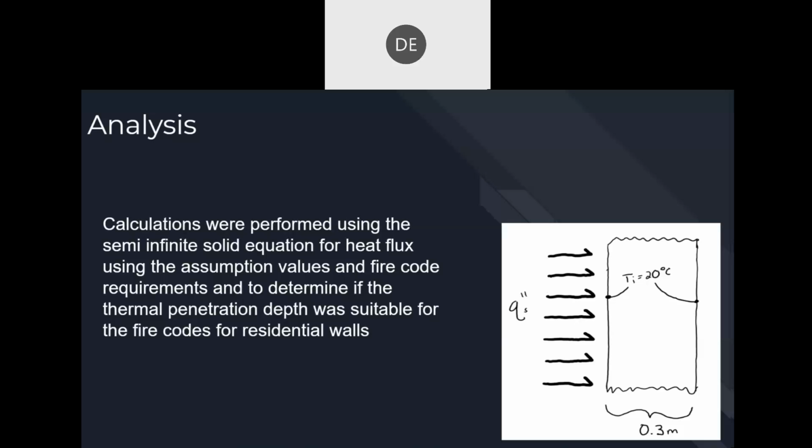At the bottom right here, you see a preliminary drawing of our firewall. Note that the initial temperature of the firewall and the thickness of the firewall have been changed. The initial temperature we have is 20. We changed that to 25 degrees Celsius, and the thickness of 0.3 meters was changed in our final solution to 0.25 meters.